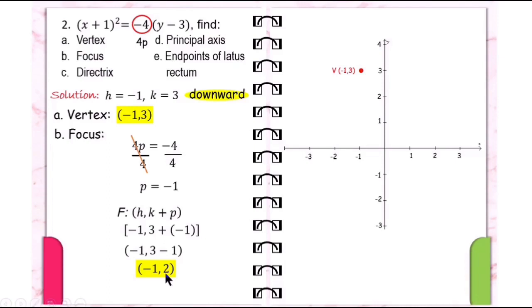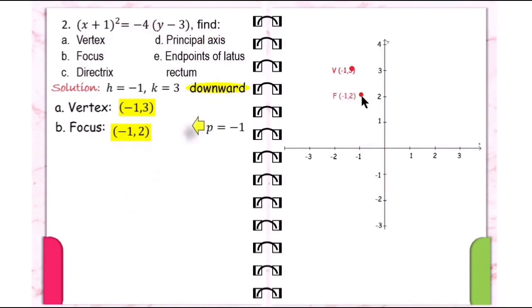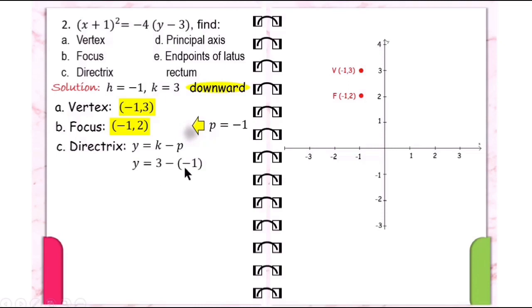Let us plot this point, (negative 1, 2), and it is located here. It is 1 unit below the vertex. Next, let us find the directrix, which is y equals k minus p. And this is equal to 3 minus the value of p, which is negative 1. Negative times negative 1 is positive 1. So 3 plus 1 is 4. The directrix is the line y equals 4.